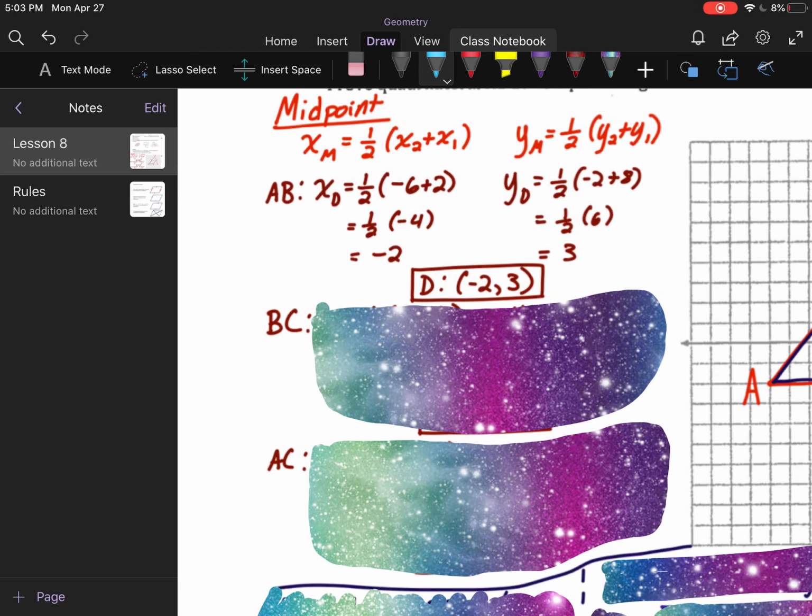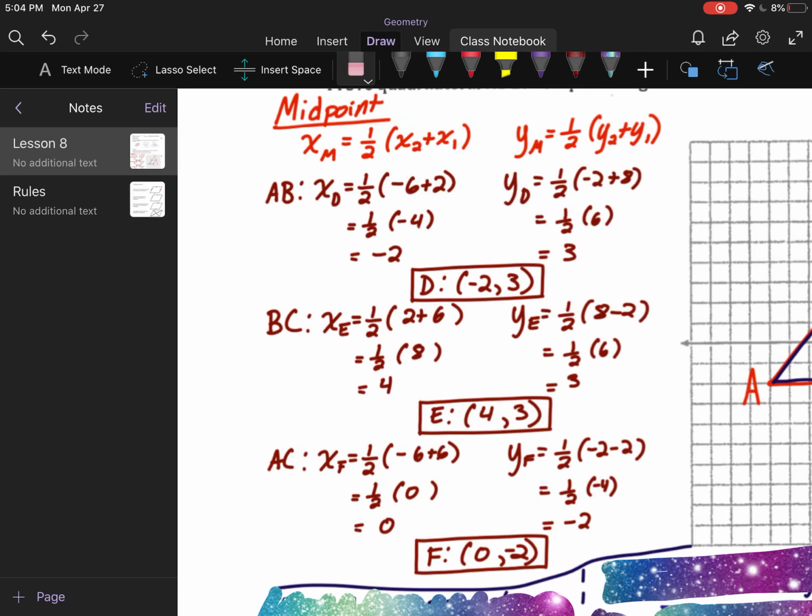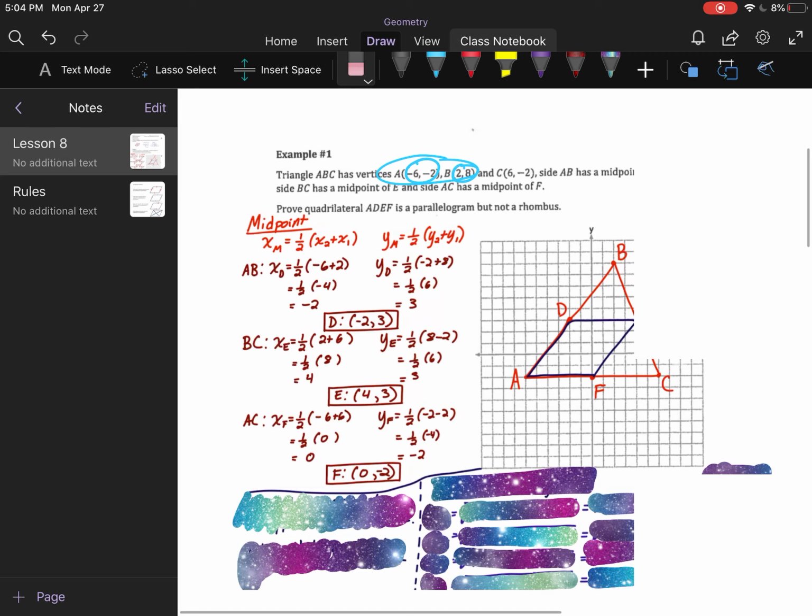Okay, so pause the video and see if you can plug into these two formulas using BC as x1, y1, and x2, y2, and the same thing for AC. Okay, so BC, you're going to find the midpoint of that, and that's going to be 3, 4, and the midpoint of AC is going to be 0, -2.